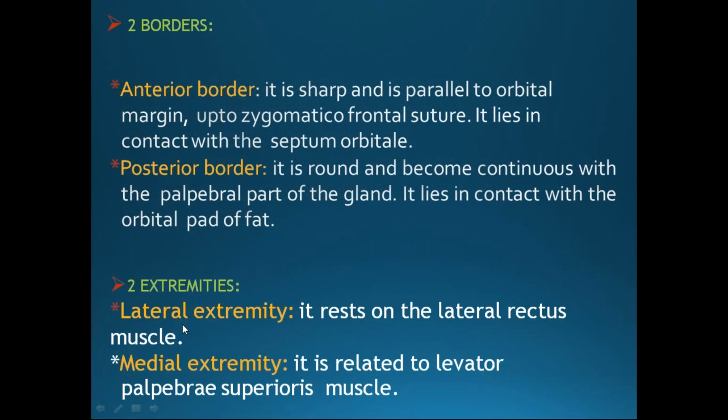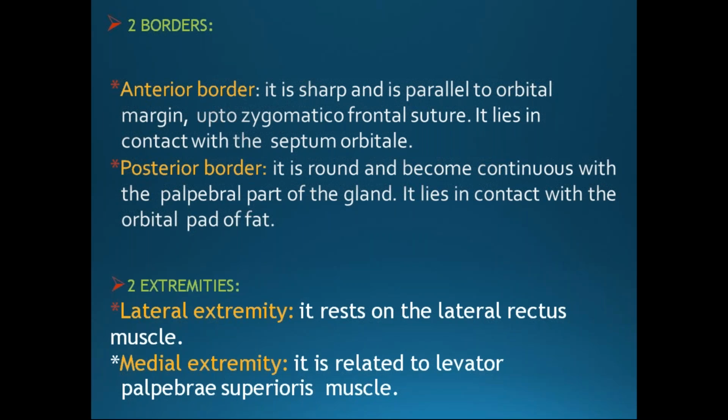It has two extremities. The lateral extremity rests on the lateral rectus muscle. The medial extremity rests on, and is related to, the LPS muscle. To summarize, the orbital part has two surfaces, the superior surface which is convex and the inferior surface which is concave, and two borders, the anterior border which is sharp and parallel to the orbital margin up to the zygomatico-frontal suture, and the posterior border which becomes continuous with the palpebral part.